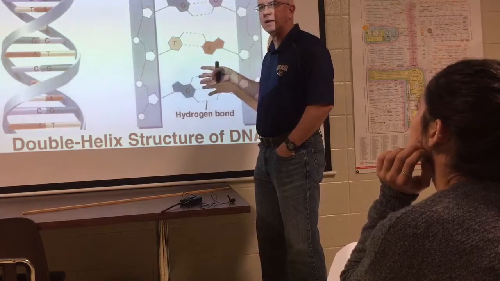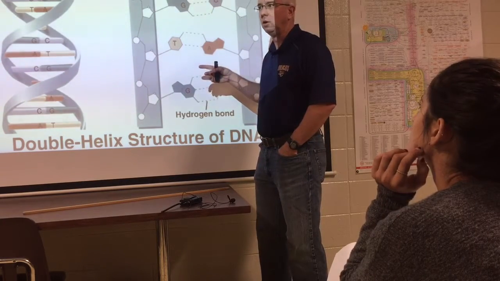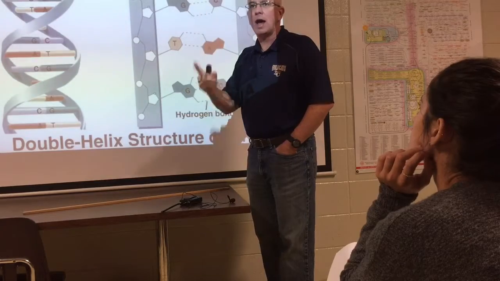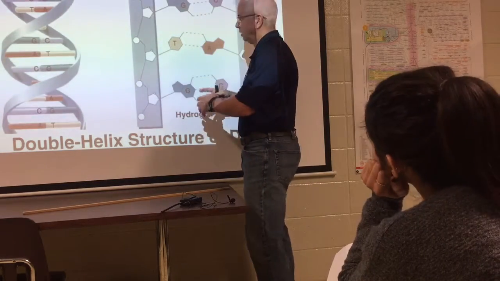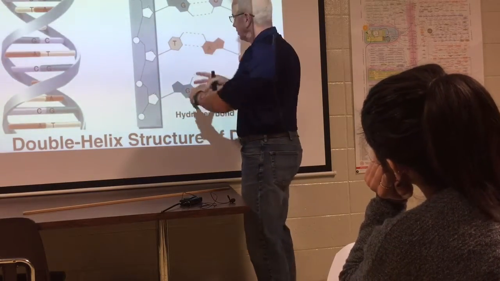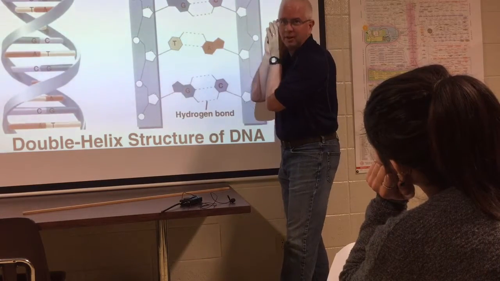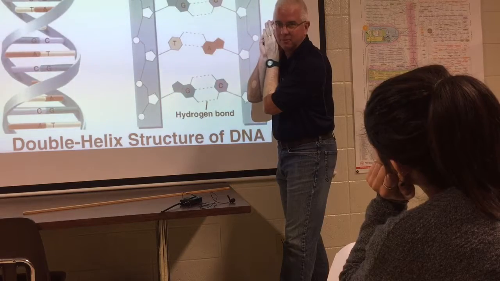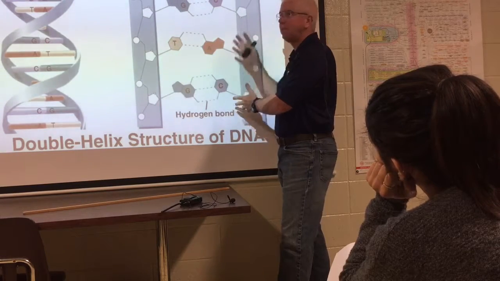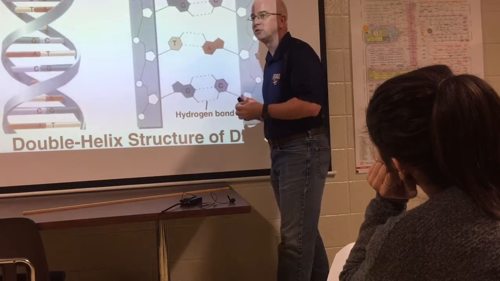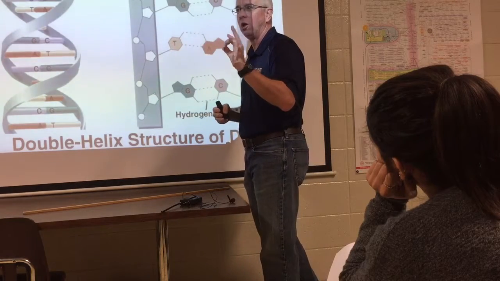Parts of the DNA molecule will unravel. Enzymes do this. So that one side of the DNA, the sense strand, right, will be copied into a new single-stranded molecule that we call RNA.